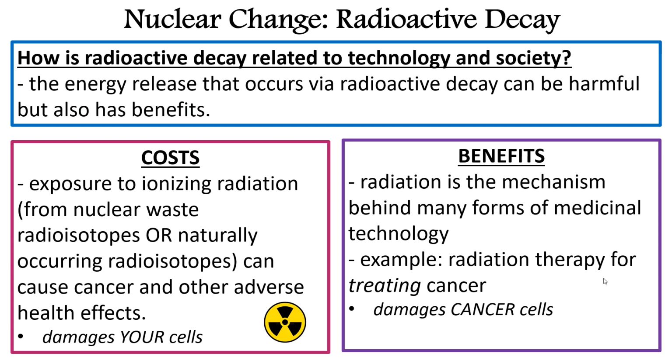So that can be a little confusing, because we're saying radiation causes cancer and it treats it. The difference has to do with the amount that you're exposed to, and the pathway where it's targeted. So if it's causing cancer, it's damaging your cells. If it's treating cancer, it's actually damaging the cancer cells to get rid of them.